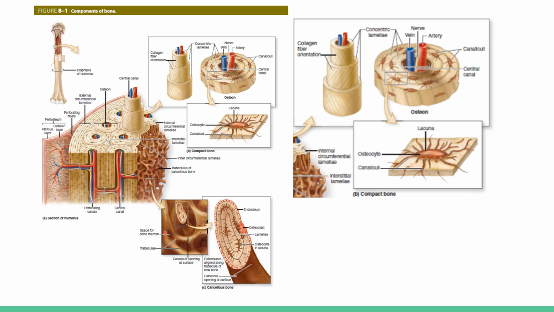So this is a representation of the cancellous bone, and when you magnify them you can note the presence of the three major types of bone cells, and the spaces in between are for the bone marrow.